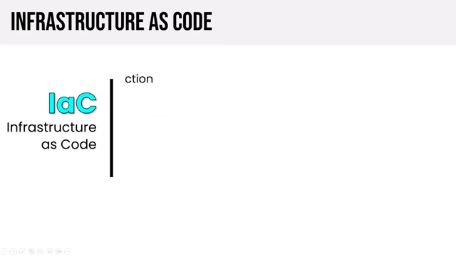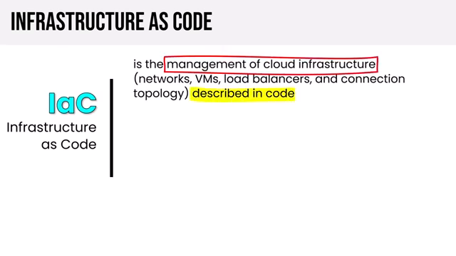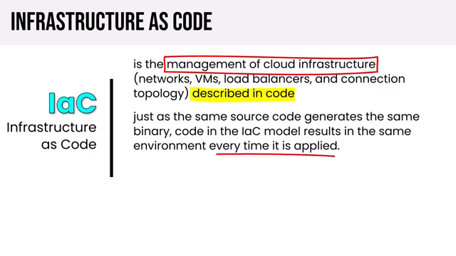Infrastructure as code. This is the management of cloud infrastructure, your networks, VMs, load balancers, storage, your topology described in code. And just as the same source code generates the same binary, code in the infrastructure as code model results in the same environment every time it's applied.